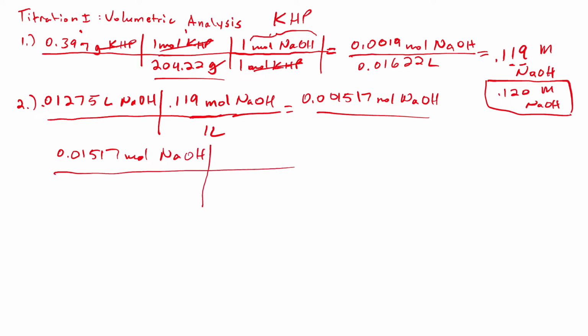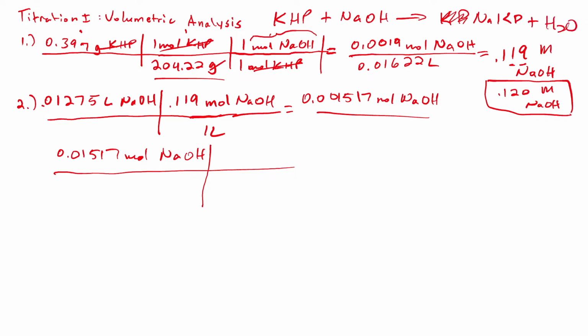And then we know that the molar ratio between KHP and sodium hydroxide is 1 to 1. Just if you were wondering, this is what it looks like. I forgot to write it up here. It's also in your lab too. KHP plus NaOH becomes NaKP plus water.